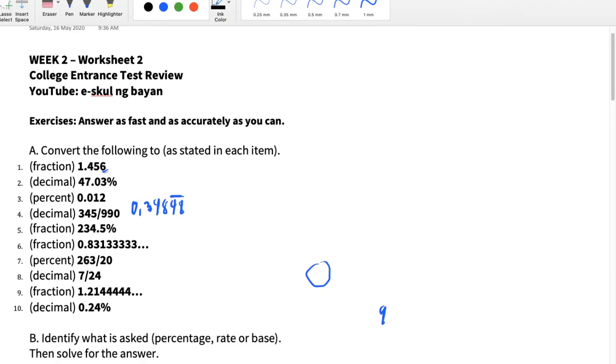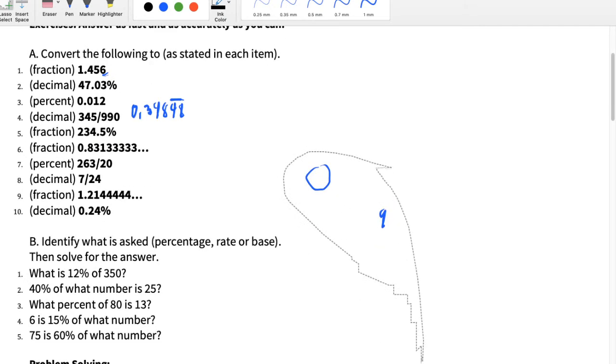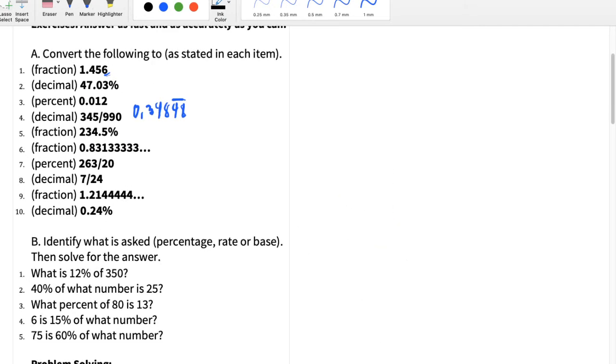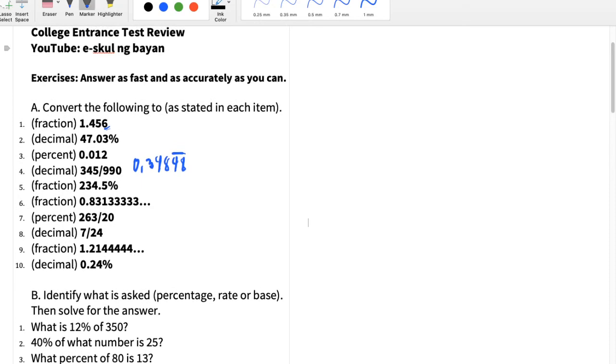So, i-divide lang natin siya by 10 yung lahat ng digits mo. So, here we have 234.5%. Sorry. Percent pala siya. So, i-convert muna natin siya to decimal. Move it 2 units to your left. You will have 2.345.